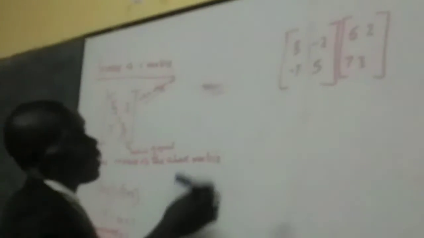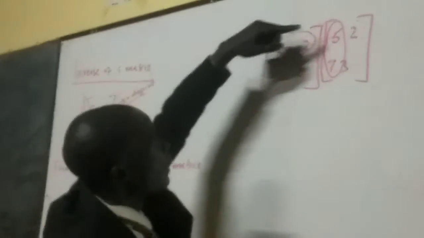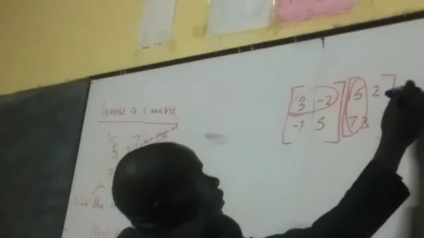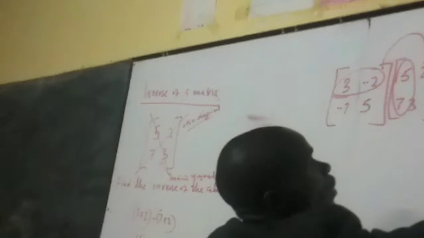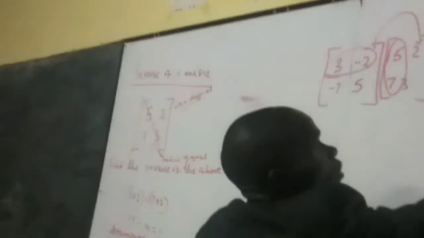We say that the order of multiplying matrices is row times column, and that is 3 times 5 plus -2 times 7, and then we have that multiplication will give us 3 times 2 plus -2 times 3.